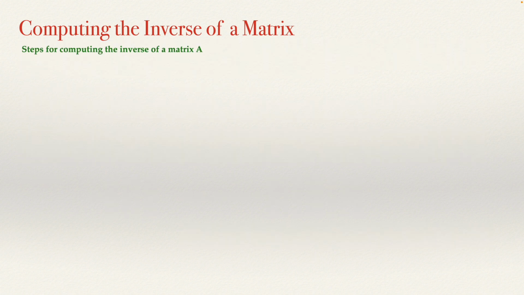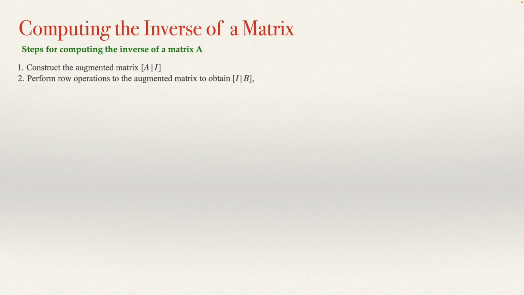Let's summarize the steps that we need to make to get the inverse of a matrix A. First, construct the augmented matrix [A | I], so attach I on the right side of A. By doing that, you ensure that when you make operations in A, you are also making the same operations in the identity. And what type of operations are you going to make? Operations that transform this augmented matrix into [I | B].